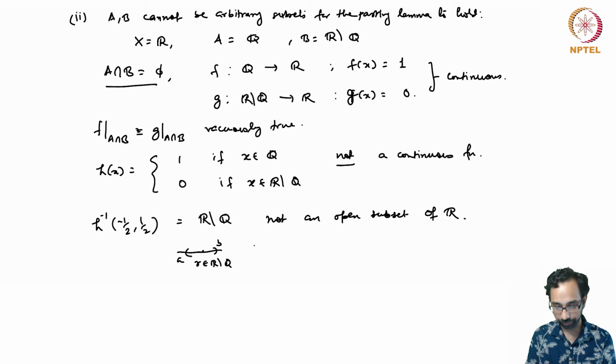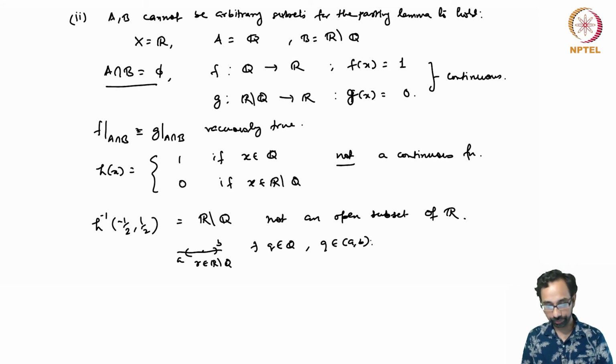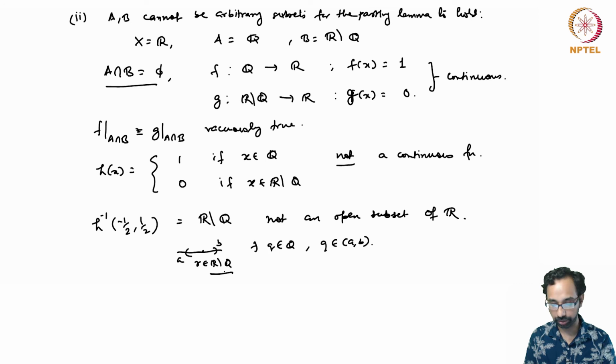So there exist rational numbers q in this interval (a, b). So no basic neighborhood will be completely contained inside R minus Q. Therefore, this is not an open subset, and so h is not continuous. So this is the proof that h is not continuous.